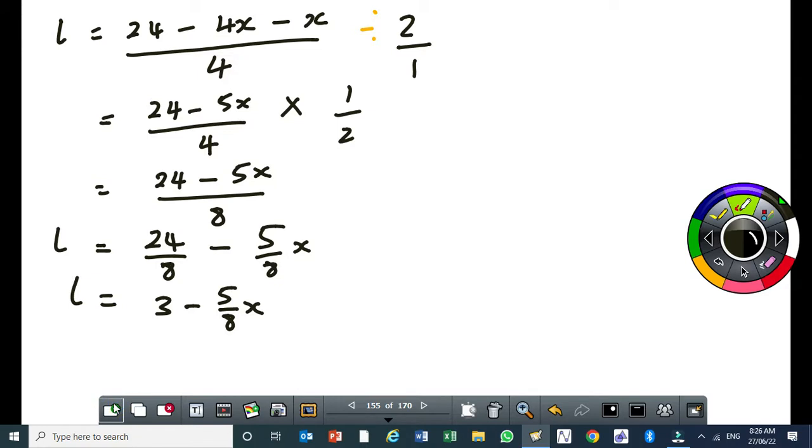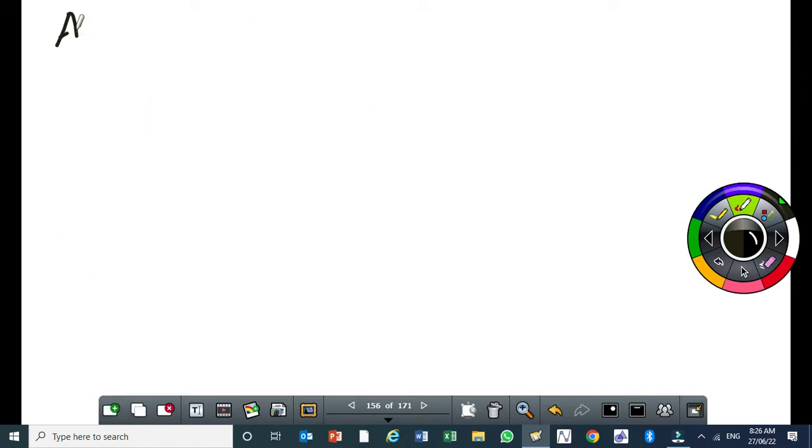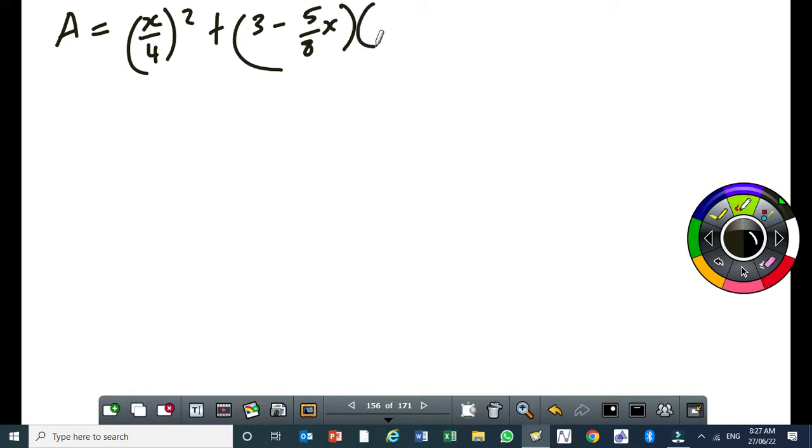So if you want to calculate the area, it's going to be S squared, which is x over 4 squared, plus LB. We know that L is 3 minus 5 over 8x times B, which is x over 4.